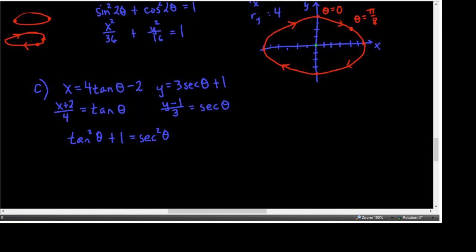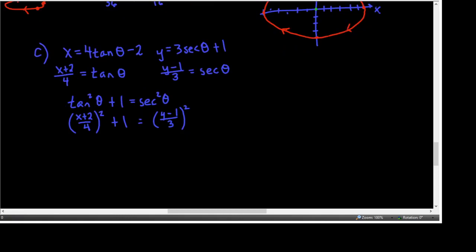So by substitution, that's going to be x plus 2 over 4 quantity squared plus 1 equals y minus 1 over 3 quantity squared.